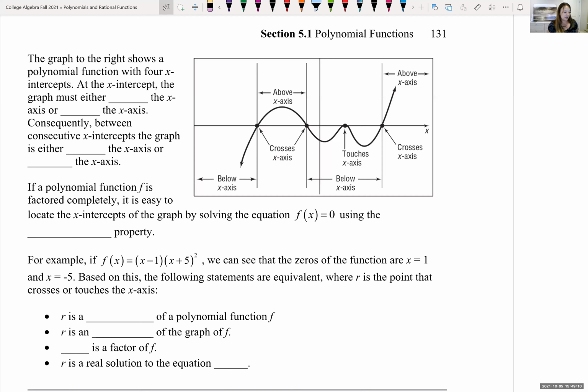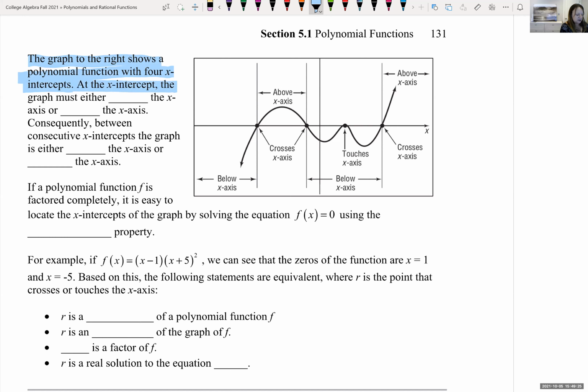Okay, so let's look at a polynomial function and what's happening when it's either crossing or touching the x-axis. Here it says the graph to the right shows a polynomial function with 4 x-intercepts.